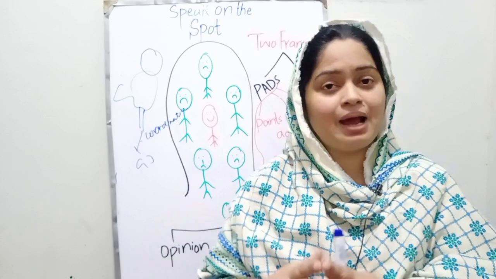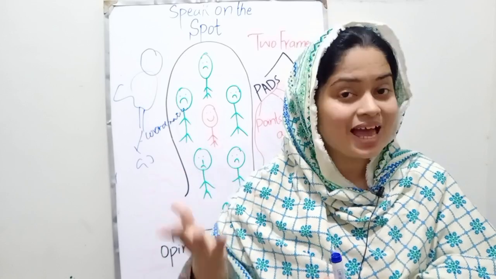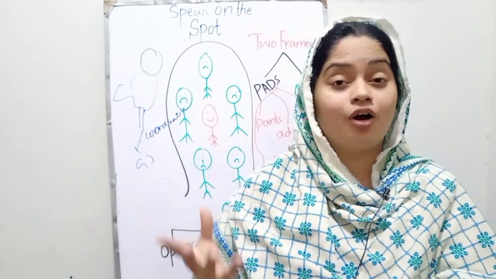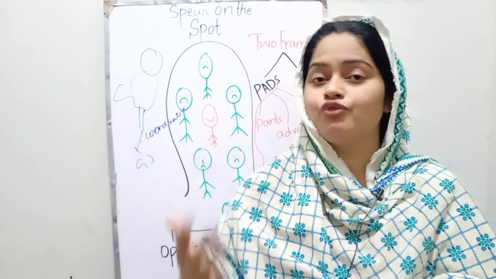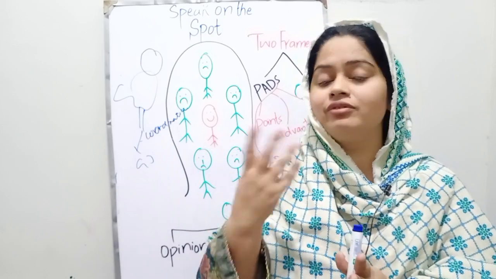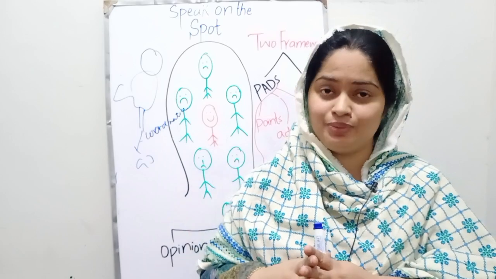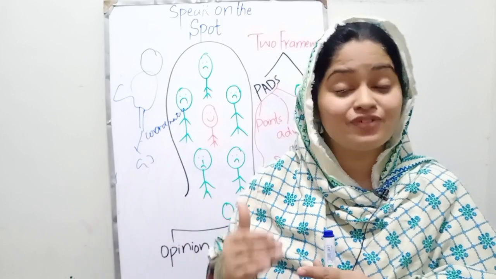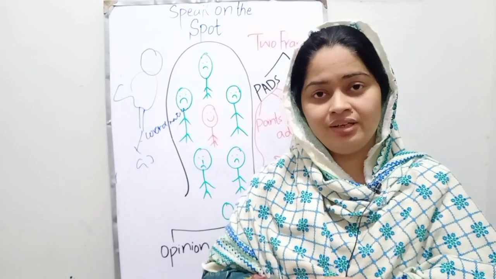Now you will elaborate first of all what exactly democracy is. Democracy stands for a government by the people, for the people, and of the people. It is the government of the majority of people. This is the point. Now what are the benefits, what are the advantages of democracy?